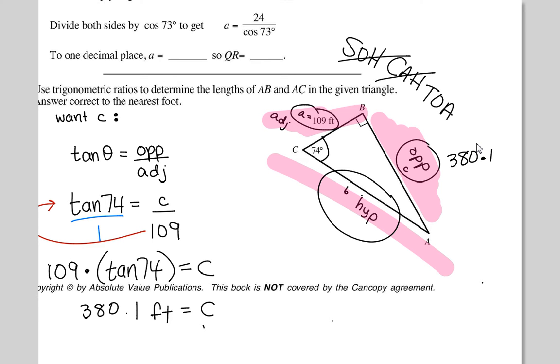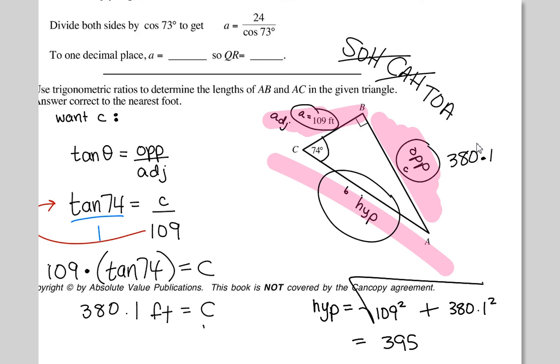So the hypotenuse, if we're doing the long side, it'll be a square root with 109 squared plus this 380.1 squared. Shortcut goes quick. That last answer should be saved in your calculator with all those decimals. I would just hit the square button. Then it says answer squared. Plus 109 squared, square root that result, you get 395. If you can't get 395, put a little star beside that, and I can come around and help you with that later.